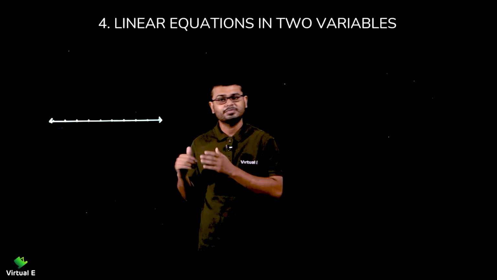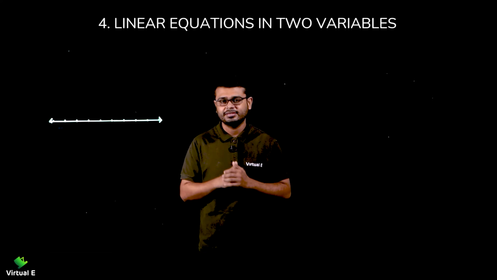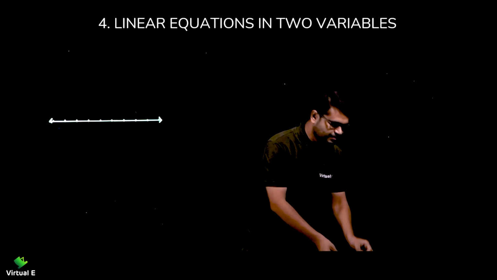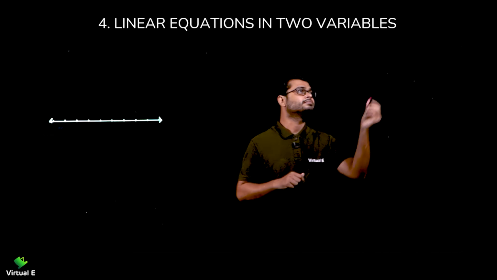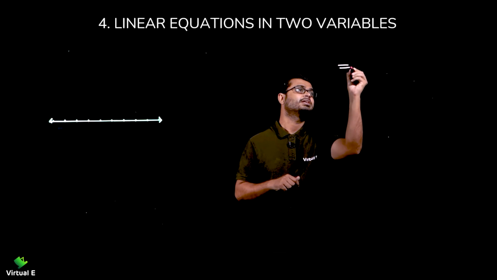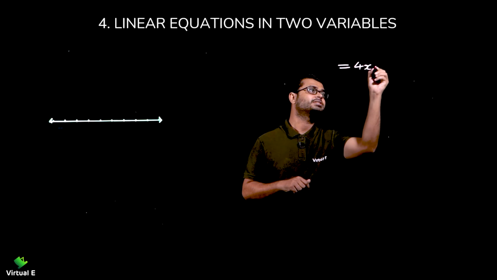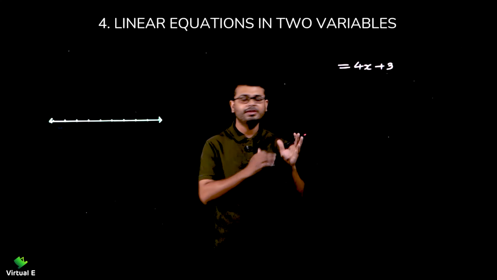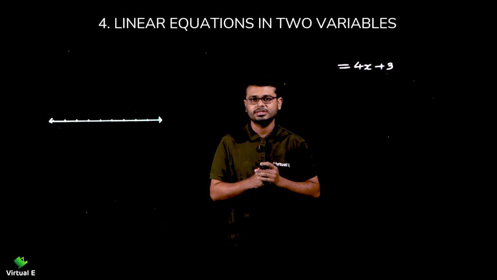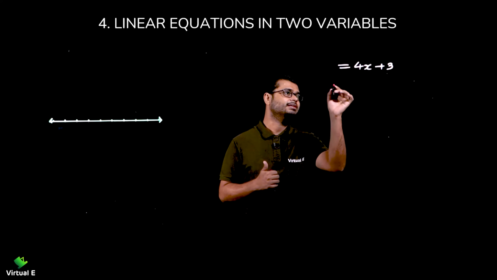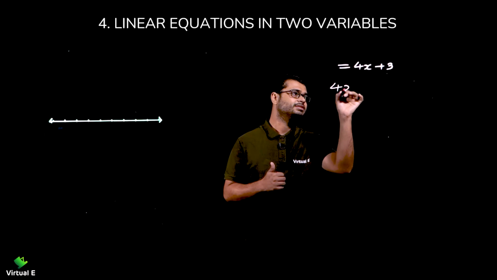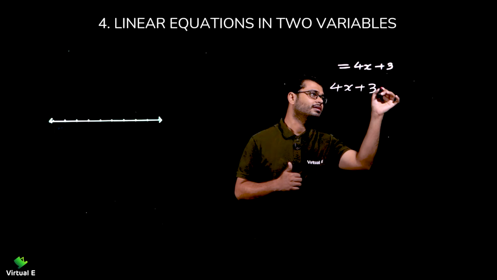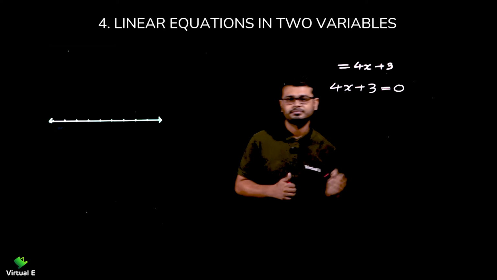But in case of an expression, there will be no equal sign. Let me explain. Generally, an expression can be written like this: 4x plus 3. This is an expression. Now, if we want to write it in the form of an equation, how would it look? Something like this: 4x plus 3 is equal to 0, right?